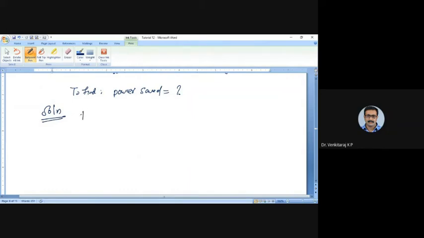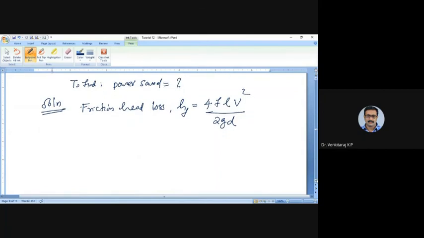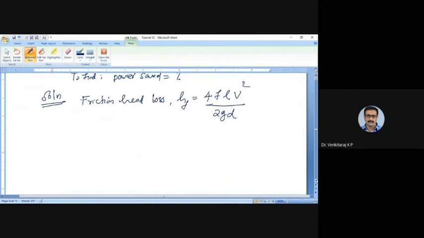The friction loss h_f we can calculate by using Darcy's equation, which is 4 f L V square by 2 g D. In this equation, the velocity of flow V in the delivery pipe has to be calculated.